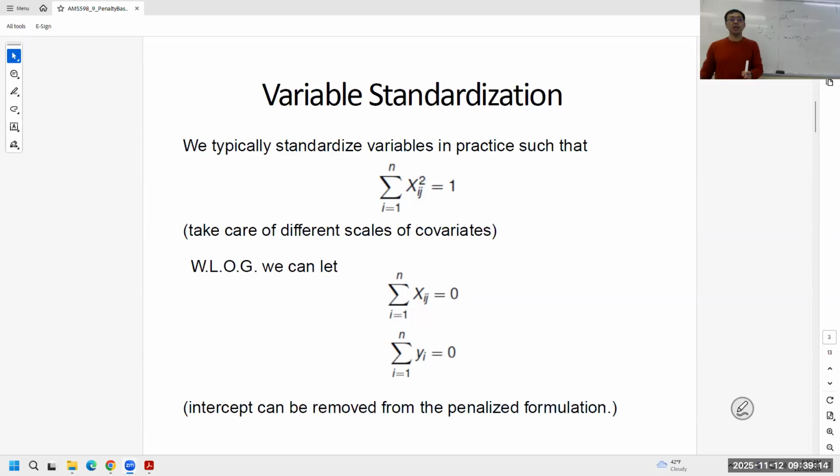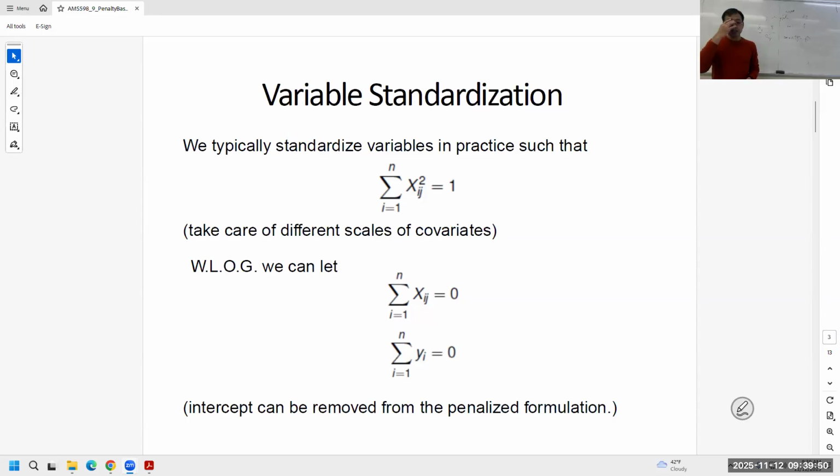Otherwise, if some use kilogram and some use meter, some variables intrinsically have a big beta and others a small beta. Then when you penalize, the big beta may dominate the penalization term. Essentially, if one beta dominates the penalty, that means we don't have the penalty on the other covariates; the other x will be inactive.